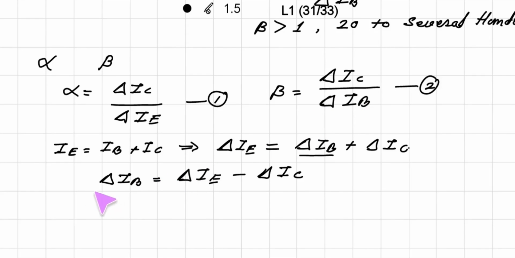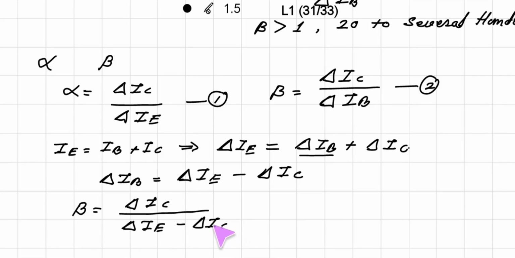So beta is equal to delta IC upon delta IE minus delta IC.